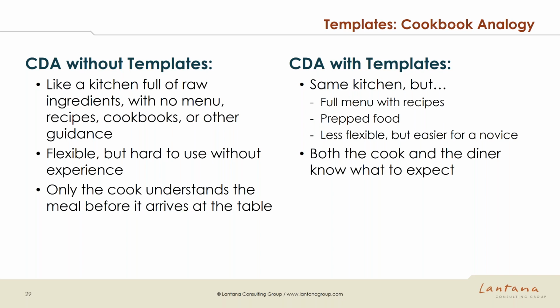Both the diners and the cook know exactly what to expect, and it's easier for the novice to actually create CDA documents, or meals in the analogy case, because you've got recipes to follow. So you don't necessarily have to wing it and go by taste on how things are going. You follow the recipe, and you're pretty much guaranteed to get the thing cooked to order.